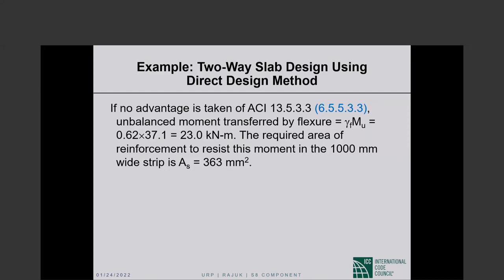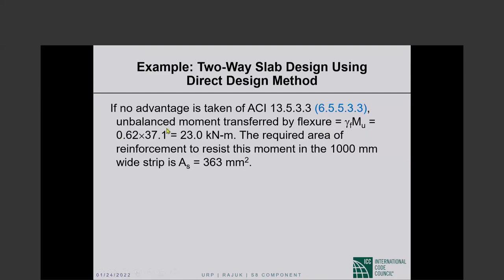If, remember, V sub u at an edge column is less than 75% of what concrete can carry, phi times V sub c. First, I'm saying if we do not want to take advantage of that flexibility, if no advantage is taken of that ACI section, then unbalanced moment transferred by flexure would be 62% of the 37.1 kilonewton meters of unbalanced moment.